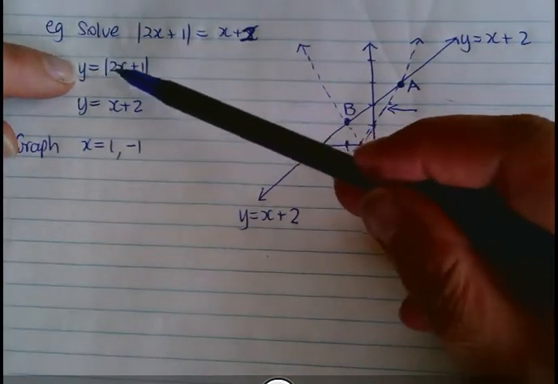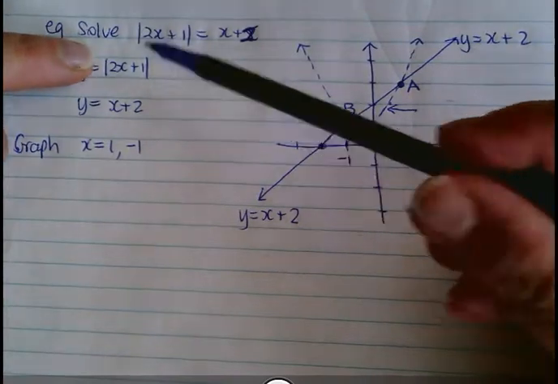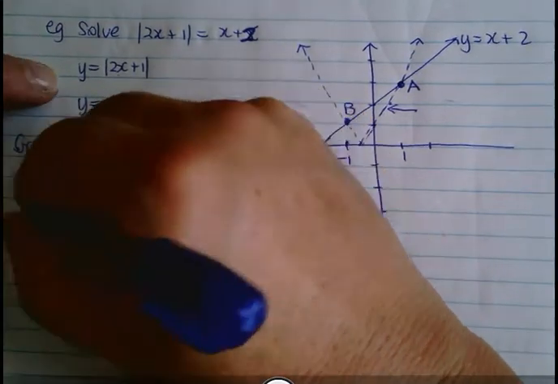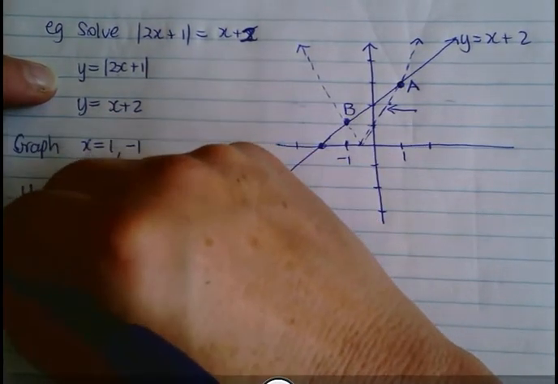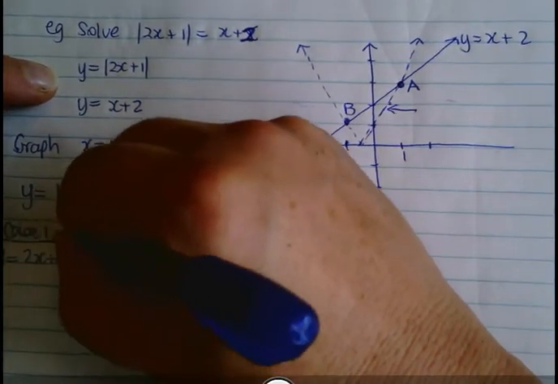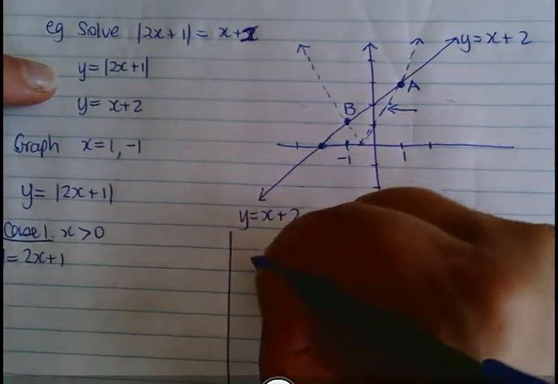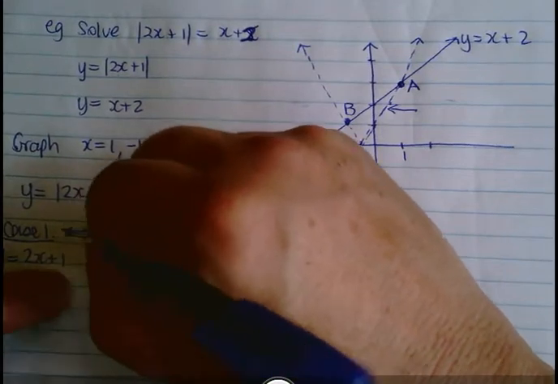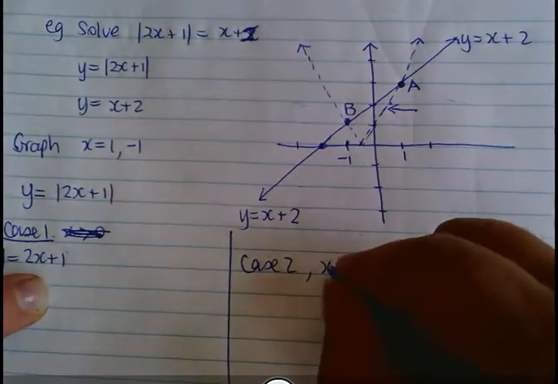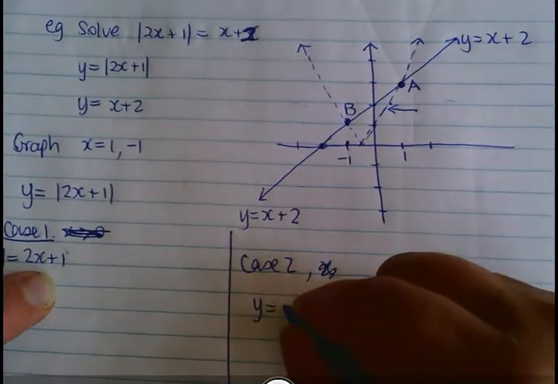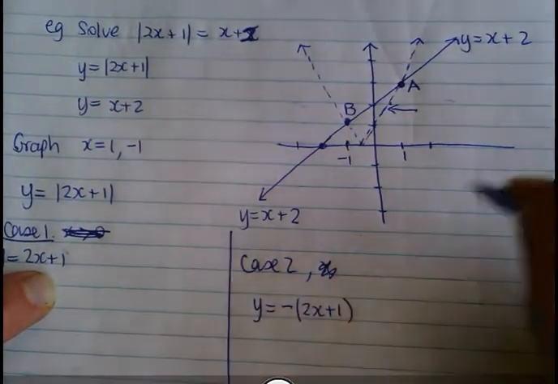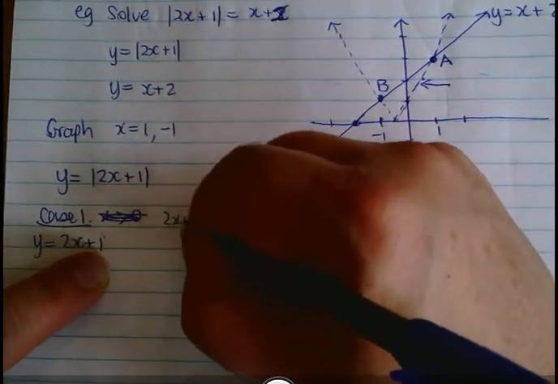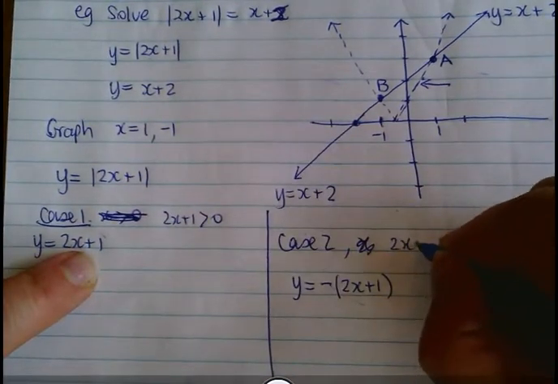Now the thing is, this absolute value of 2x plus 1 really represents two sections of straight lines. So I'm going to look at them both. Case 1, y equals 2x plus 1, when 2x plus 1 is positive. Case 2, y equals the negative of 2x plus 1, when 2x plus 1 is negative.